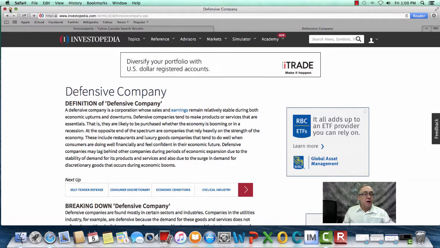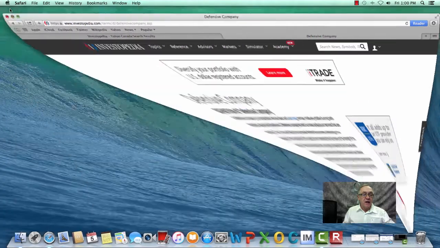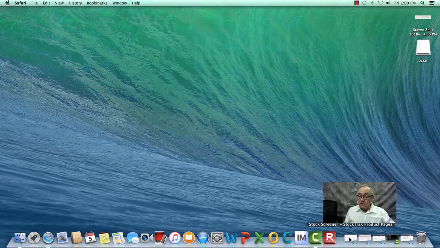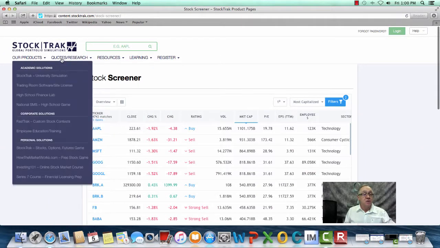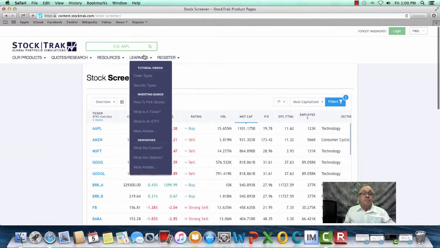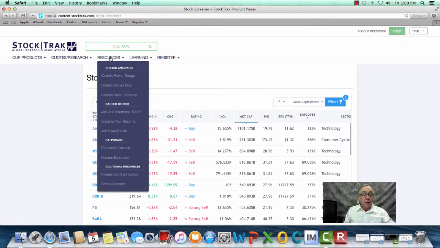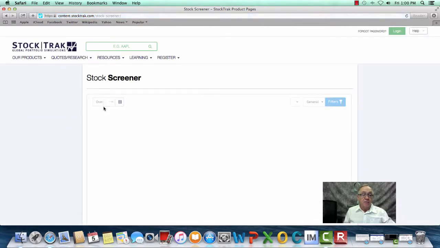So let's then go from this Investopedia to our StockTrack and FinViz screens, and we'll see what we can learn about different industries. So on StockTrack then, one of the resources that StockTrack offers us even before the login page is stock screening.